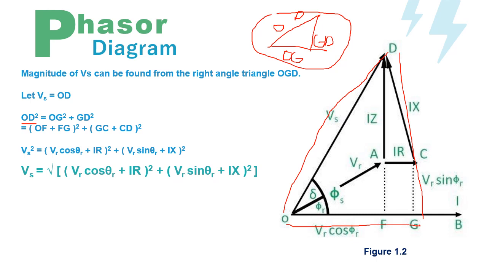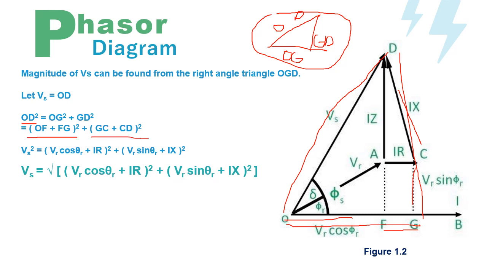Based on the diagram, OG will be the summation of phasor OF and FG, while GD is the summation of GC and CD. Therefore, we will have OD squared equals (OF plus FG) squared plus (GC plus CD) squared.